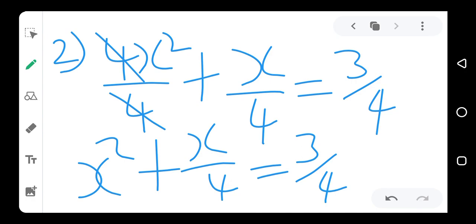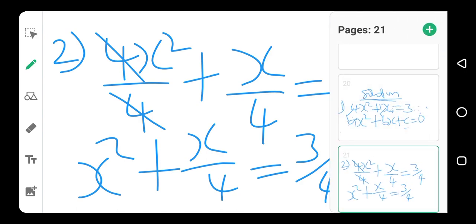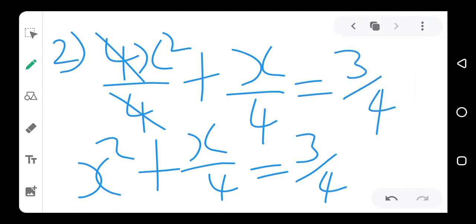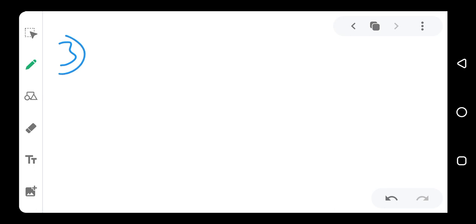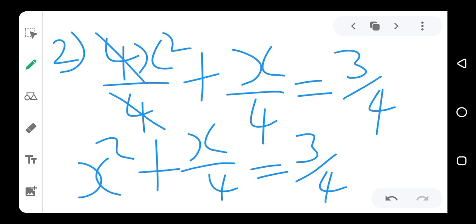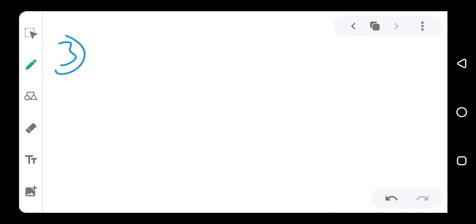Okay, now the next step. We now see that the coefficient of x squared is now 1. So the next step is for us to take c to the right hand side. They have already taken the value of c to the right hand side, so we are not doing any job again in step 3.